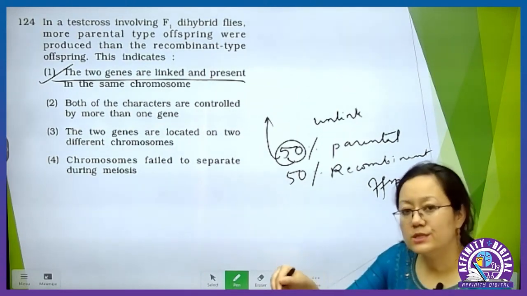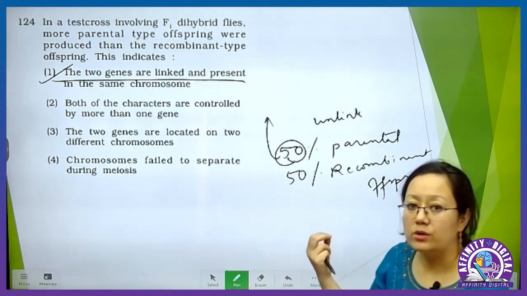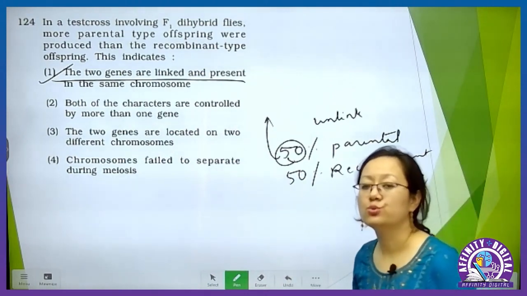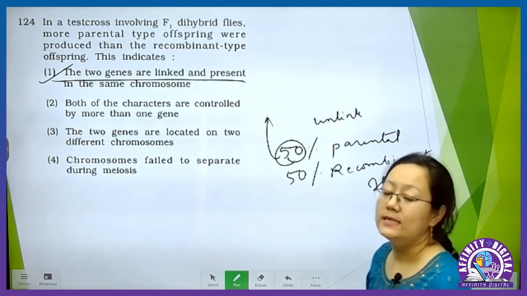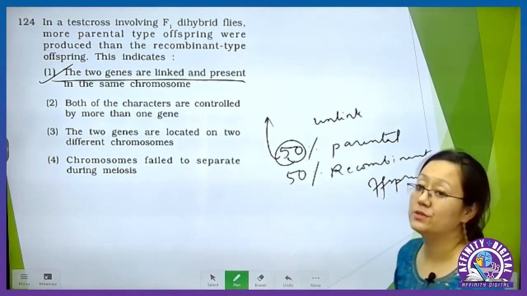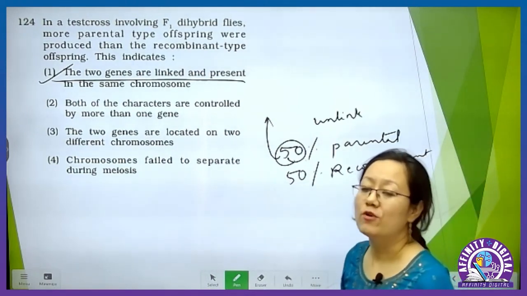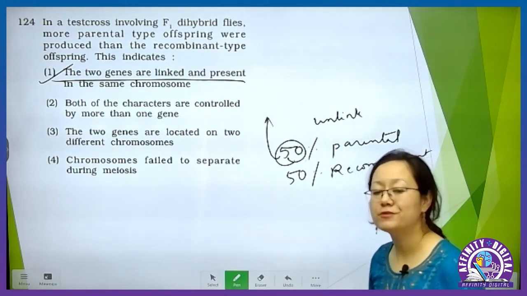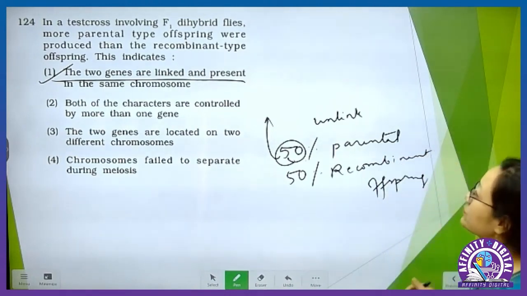So to find out whether the two genes are linked or unlinked, we perform a test cross. If the ratio comes 50% parental character and 50% recombinant character, it is a form of two unlinked genes. But if the parental character is above 50%, that means it is a form of linkage.